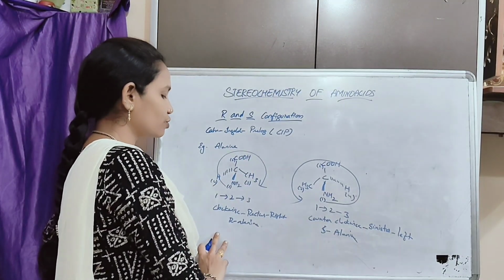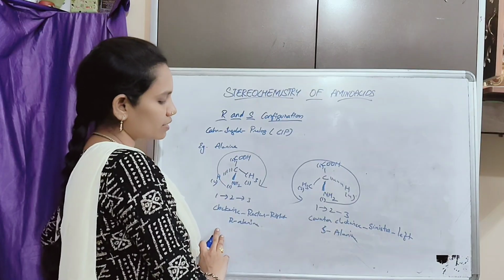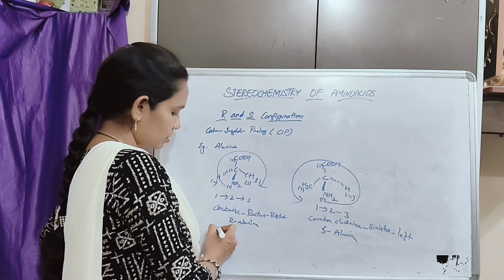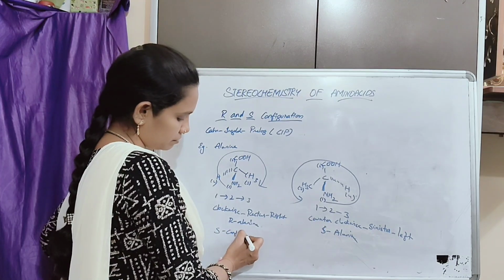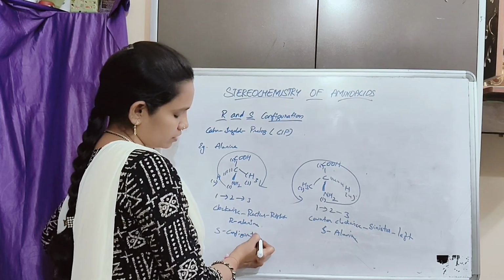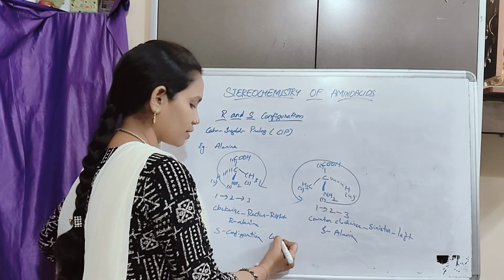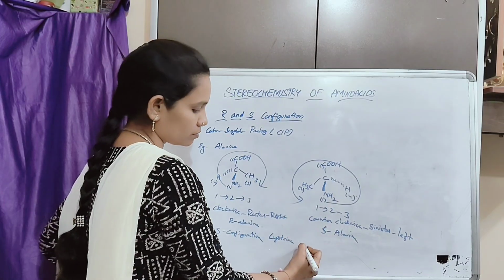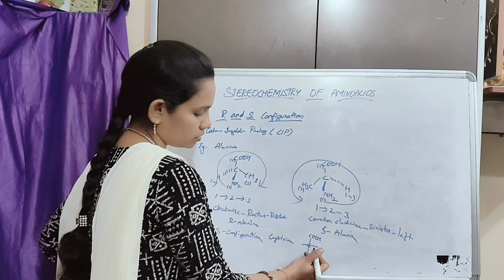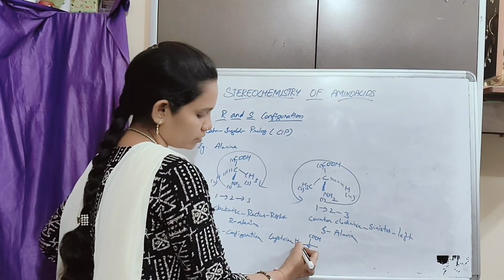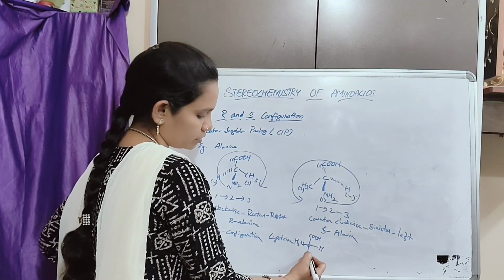So okay. Mostly here the L amino acids are especially S configuration only, except cysteine. Let's see. Carboxyl, amino, hydrogen.